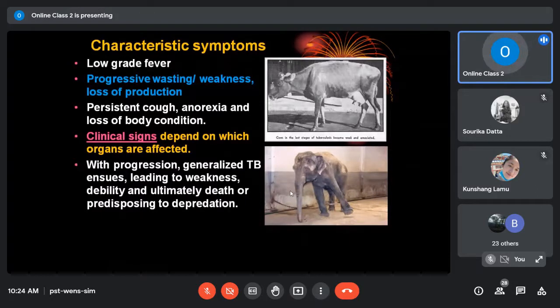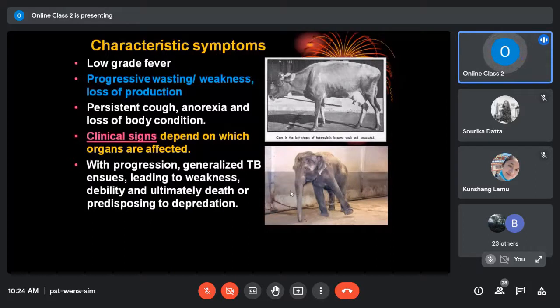If the lungs are involved, then respiratory signs, coughing, and pneumonic changes, like chronic pneumonia, may be there. So it depends upon the organ or system affected, and that is why different clinical signs and symptoms may be seen.